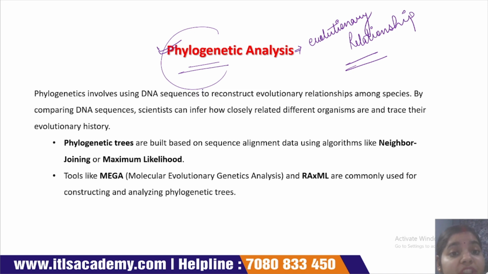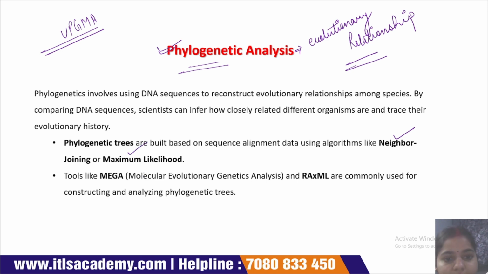For the construction of a phylogenetic tree, there are lots of algorithms available in bioinformatics, such as the UPGMA method, which is a type of distance method. Next, the neighbor joining method. Next, maximum likelihood methods. These are the algorithms used to construct the phylogenetic tree.